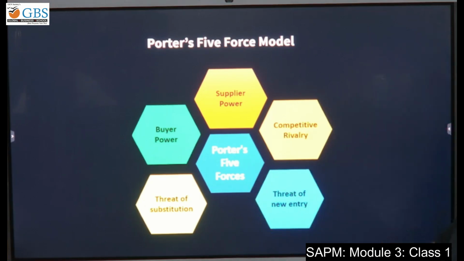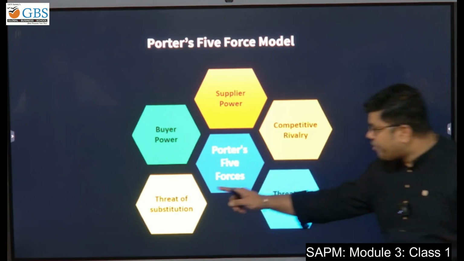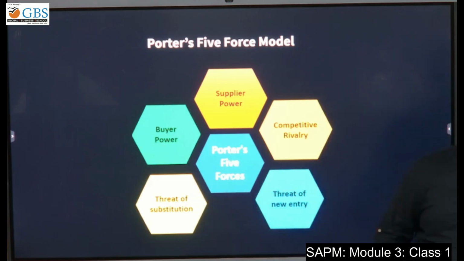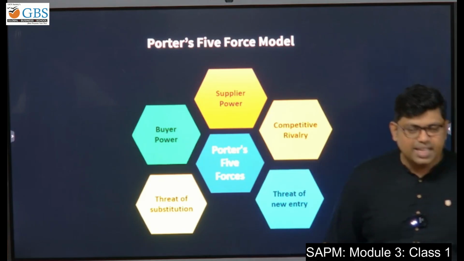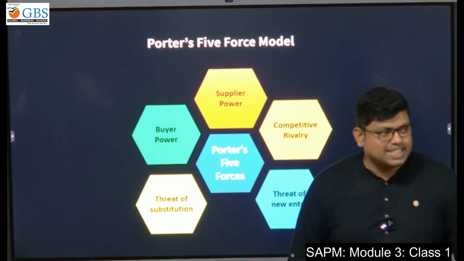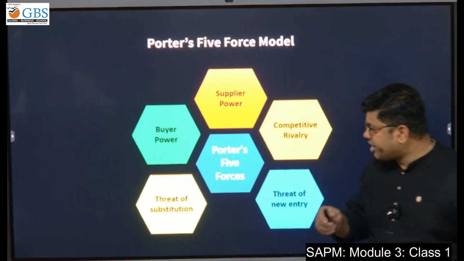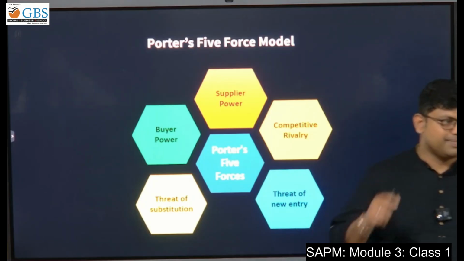So what does it tell? The first one, the threat of substitution. Is there any substitution? If there is a substitution, then there is a threat of decrease in the sales of the market. What is the meaning of threat of substitution?